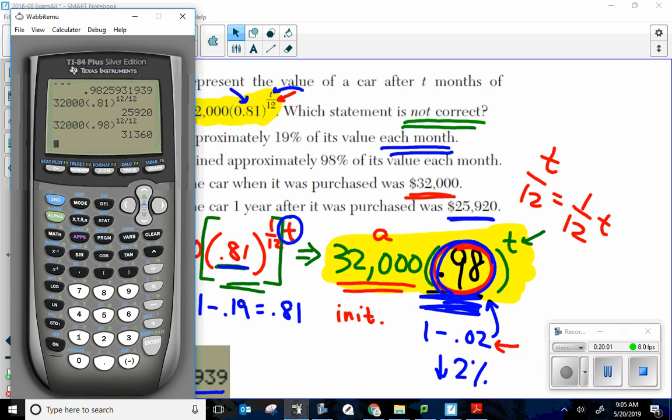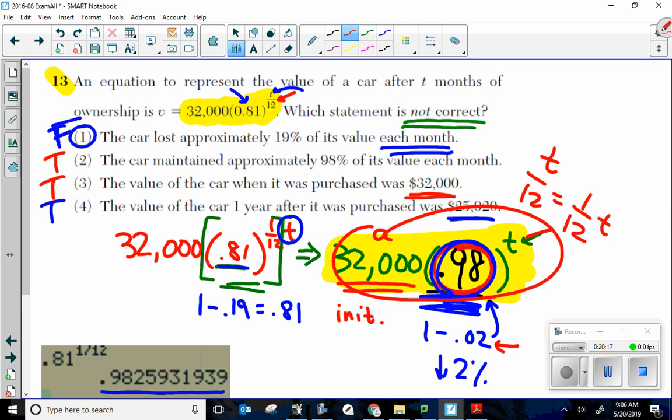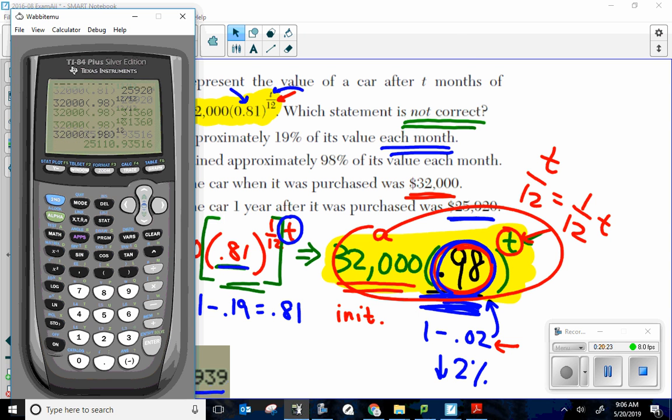Oh, 12 divided by 12, that's 1. I would have to do this. Okay, I have to change something here. If I use this equation, my t is in months. I just put a 12 here. It's not 12 divided by 12. It's just 12 months. So I do this, hit enter.